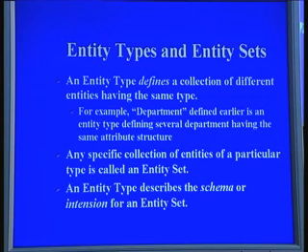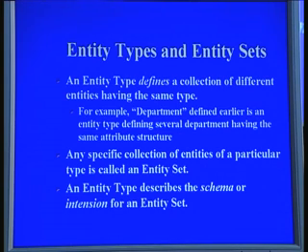A company could have different departments, but when we say an entity type department, it means that it represents all departments in the company. So it is a definition of a real world object type. It's not this department or that department, it is just department, it is a type that the entity is going to be defined.